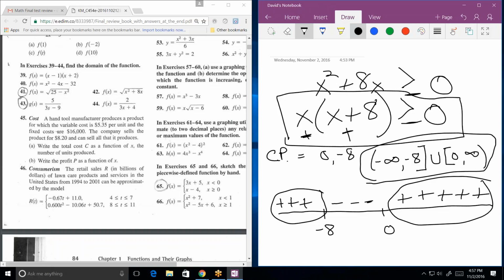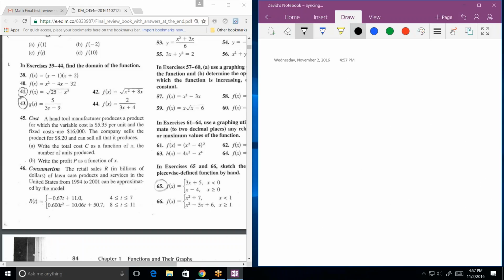Now, if this problem was less than or equal to 0, then clearly I would choose as my solution set where I have all the negatives. And these problems can get somewhat tricky. If I give you a problem like this, not that easy to figure out, right?